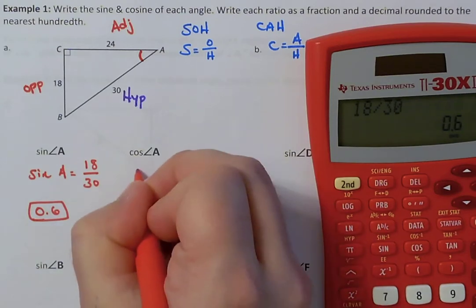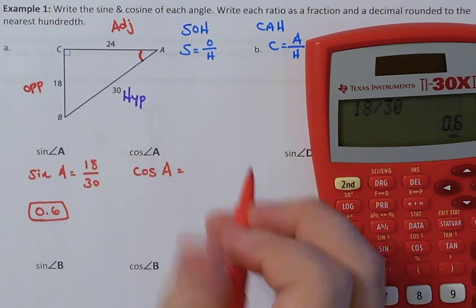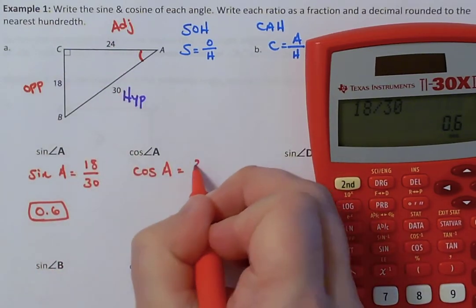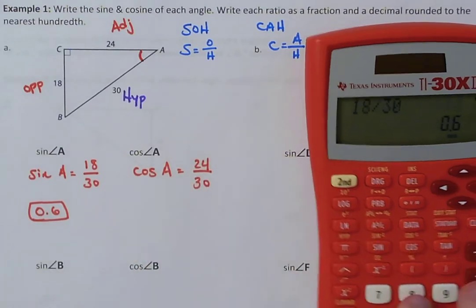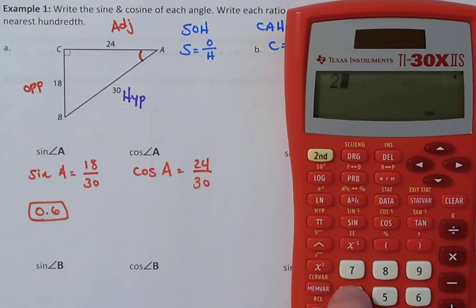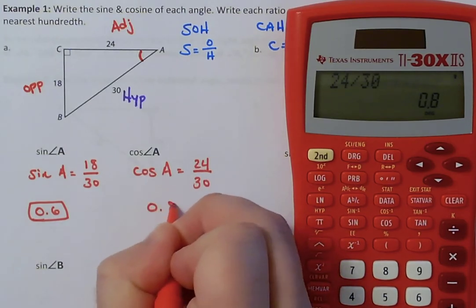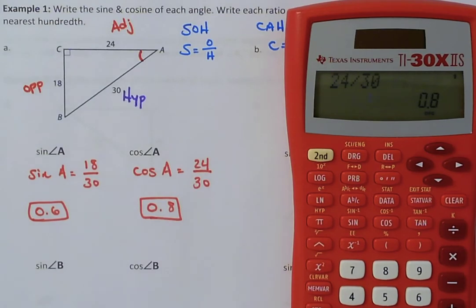So cosine A is going to be adjacent over hypotenuse, so 24 over 30. Then all we have to do is take our calculator and do 24 divided by 30, and we get 0.8 for the cosine of A. And that's how you find sine and cosine.